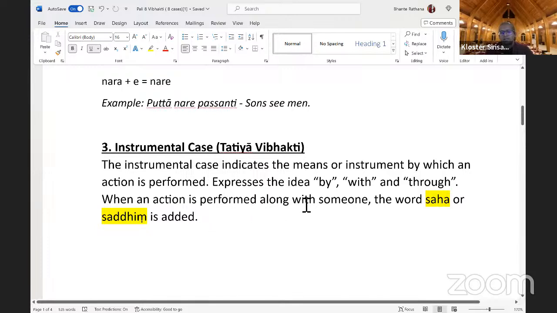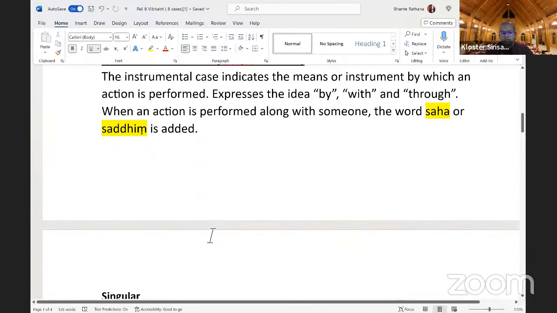Right? There are two special words when we perform an action with someone, saha and saddhim.